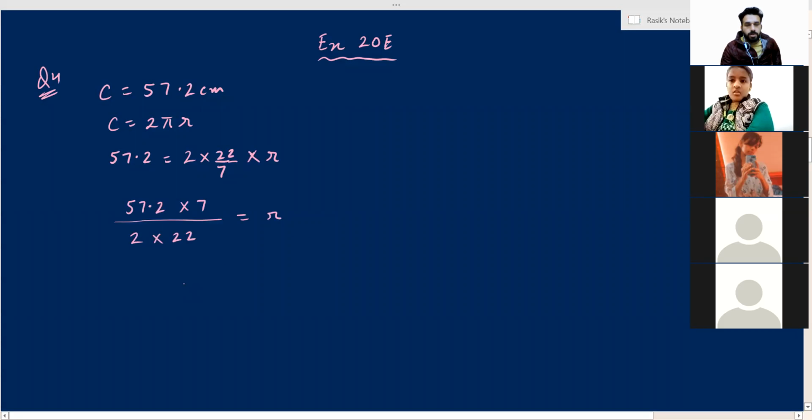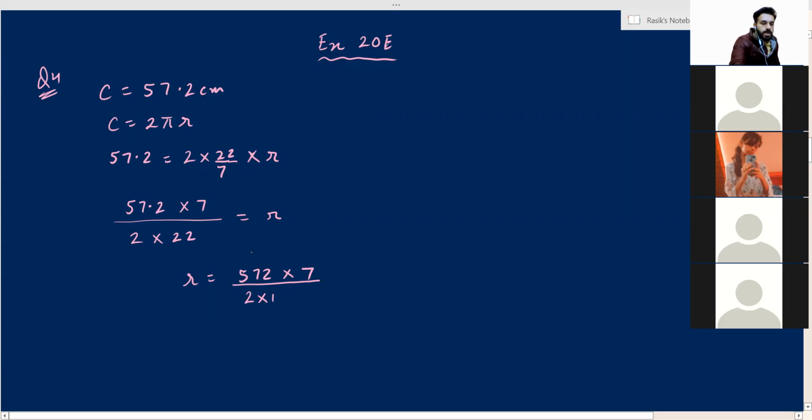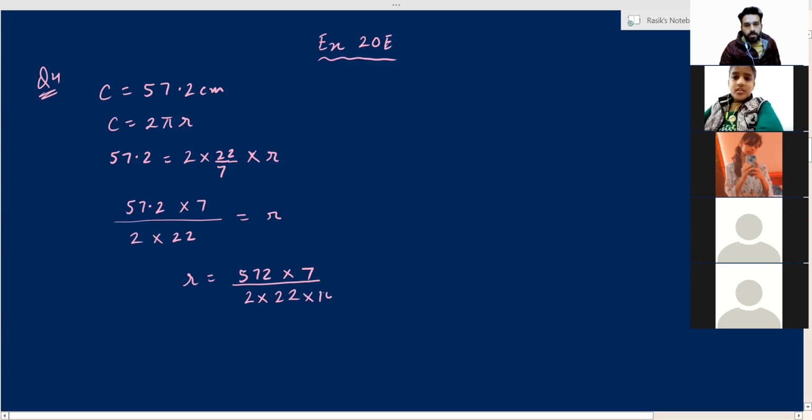Now simplify this. 572 into 7, removing the decimal from the numerator, we can multiply the denominator by 10, because we have removed the decimal.